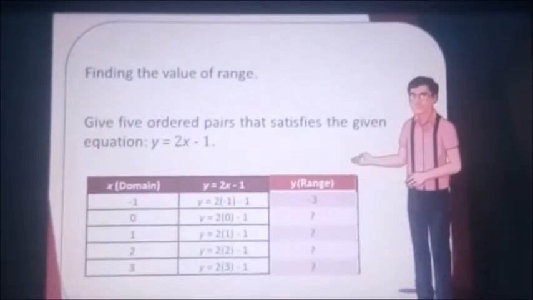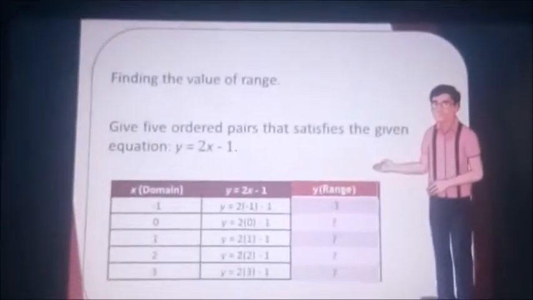We're going to discuss how to find the range or the domain. So first we have to find the range, given the value of the domain. So let us have this example.